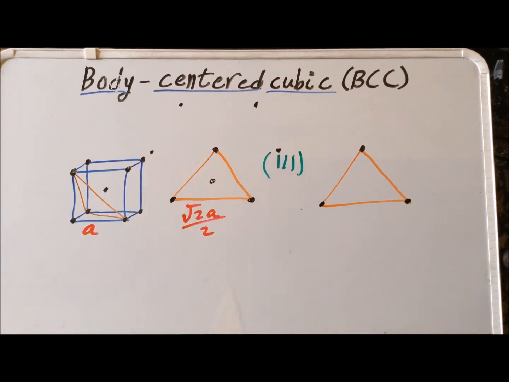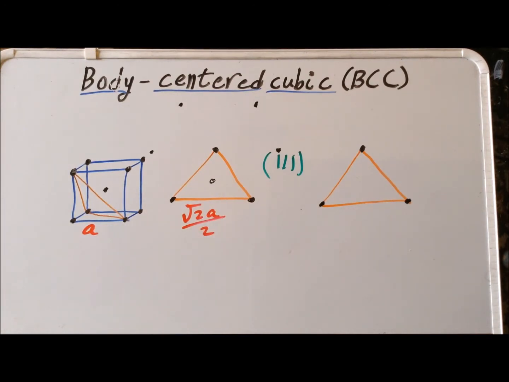So if this is iron 1-1-1, all the atoms I've shown here in filled in black are all at exactly the same height. And then below the level of the black filled in circles is another iron atom at a lower level. And its actual height is going to be the square root of 3A over 2. But the important thing is that this is not at the same level as the three on the outside of the triangle.